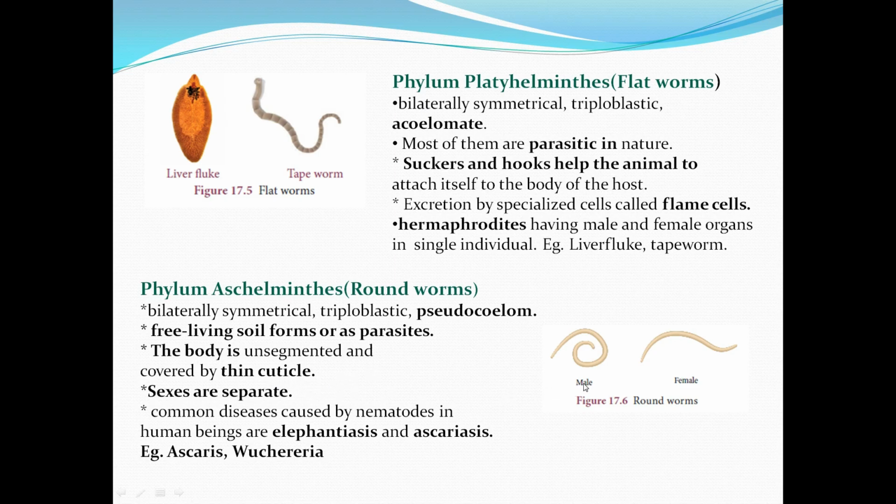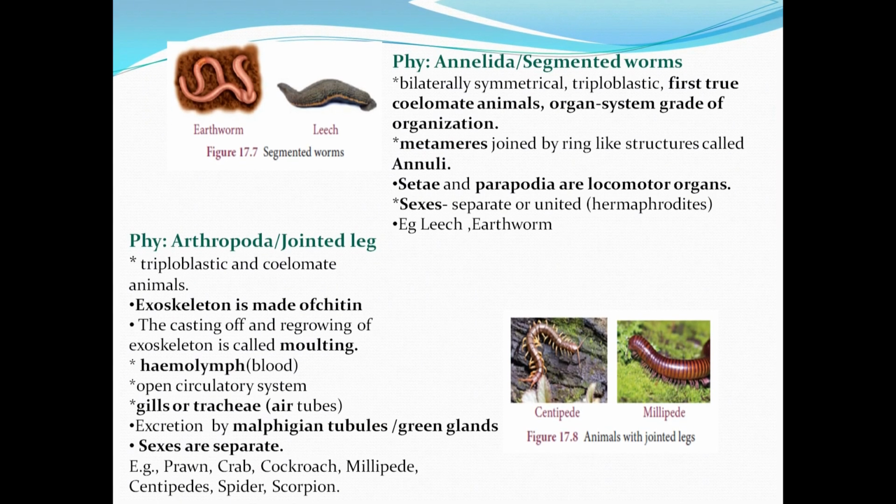Sexes are separate, the male and female are separate. This is not the case in Platyhelminthes, where both organs are present in the same organism, that is hermaphrodite. Here the male and the female animals are different. The common diseases caused by these nematodes or Aschelminthes roundworms are elephantiasis and ascariasis in human beings. Examples are Ascaris and Wuchereria.